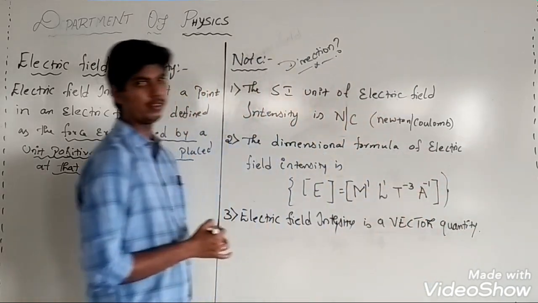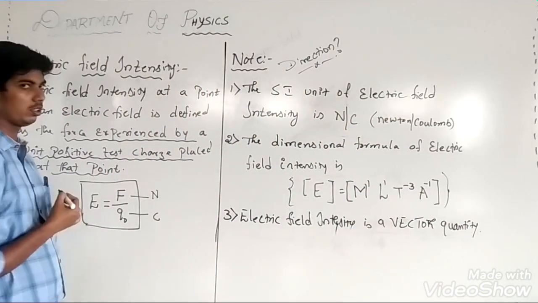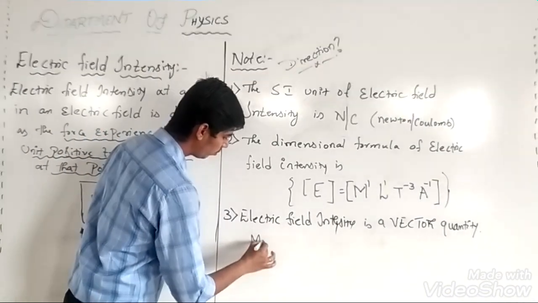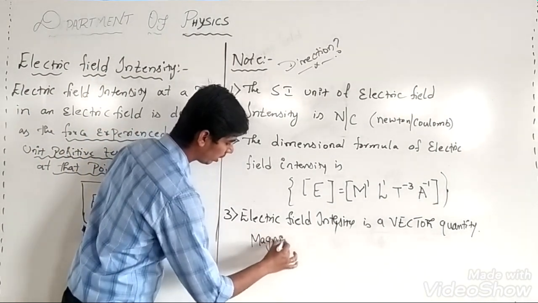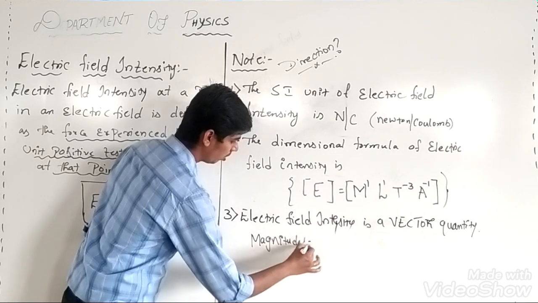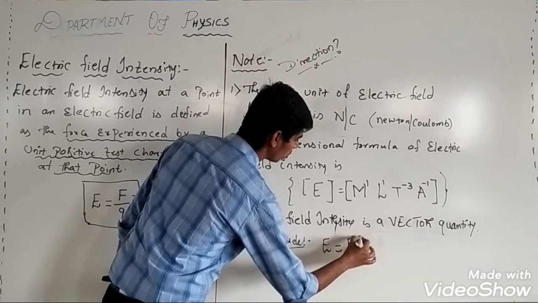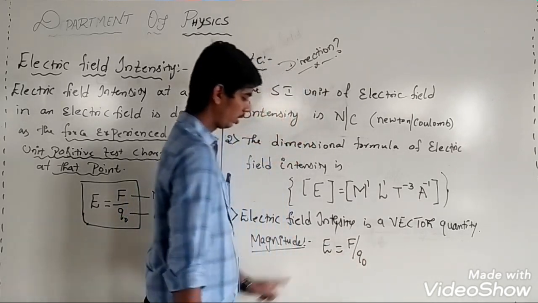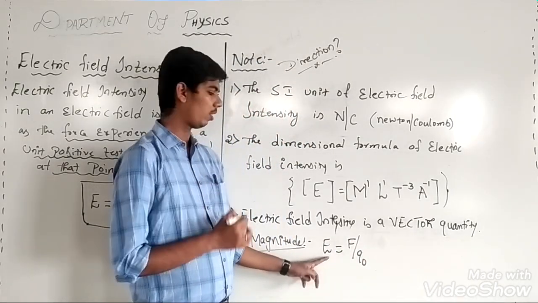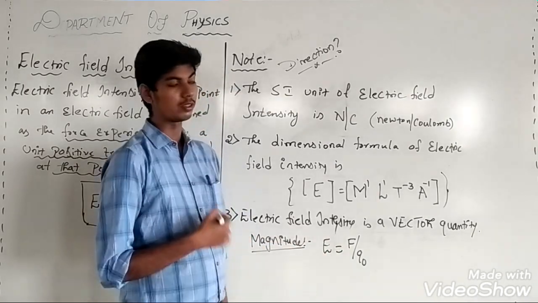That means electric field intensity has both magnitude as well as direction. See, we know how to calculate the magnitude of electric field intensity. Magnitude of electric field intensity can be calculated using the formula E equals F divided by q naught. This is the formula using which we can calculate magnitude of electric field intensity.